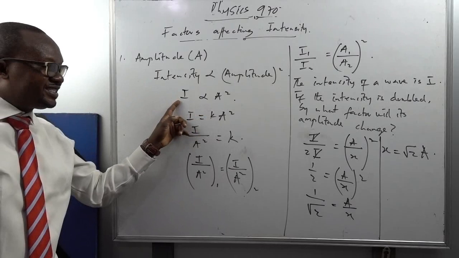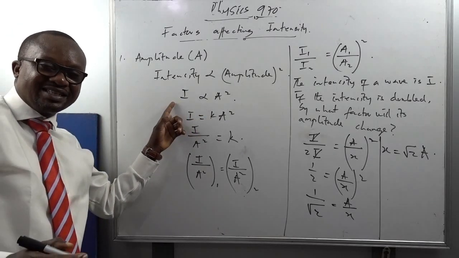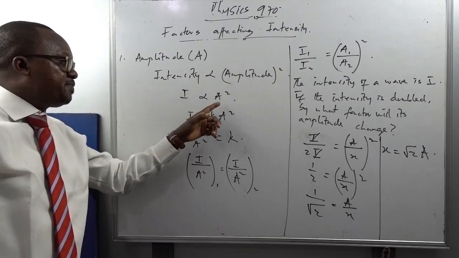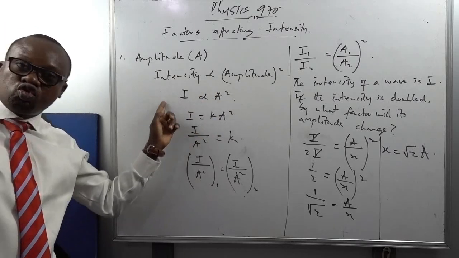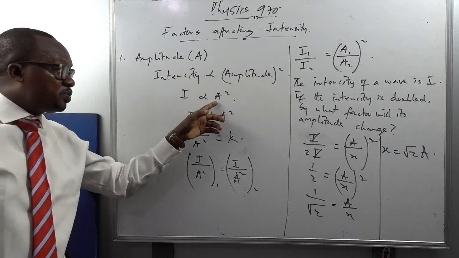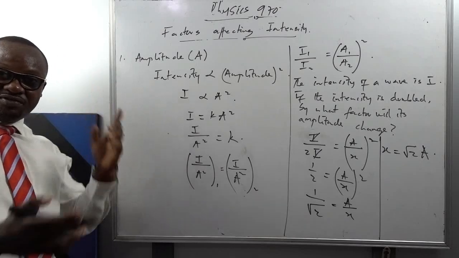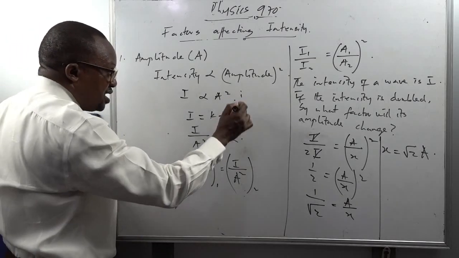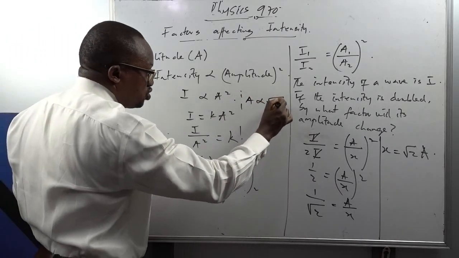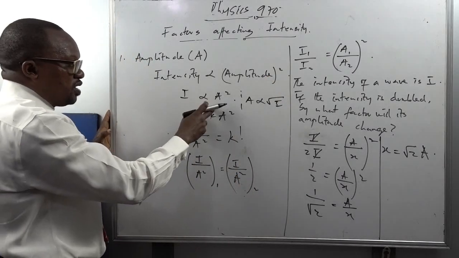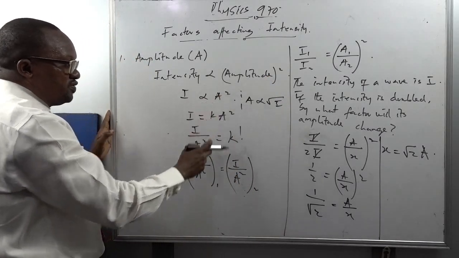So if the intensity is doubled, meaning that intensity is increased by a factor of 2, amplitude will now increase by a factor of root 2, because amplitude is proportional to the square root of intensity. If it is proportional to amplitude squared, the amplitude is proportional to the square root of intensity.